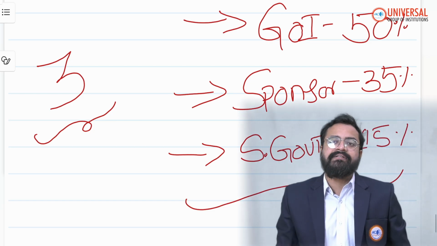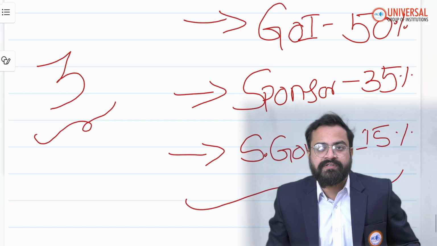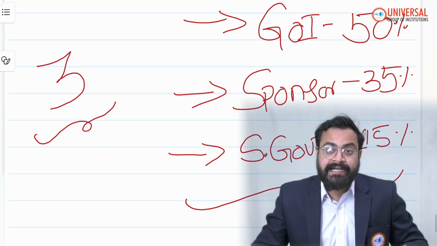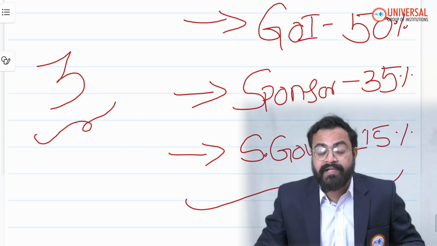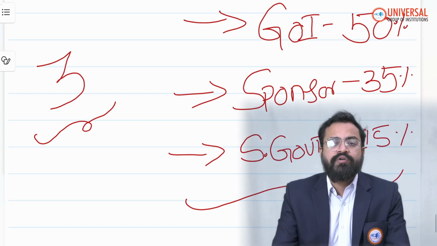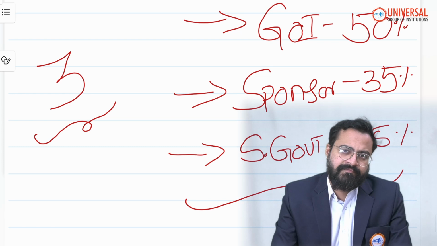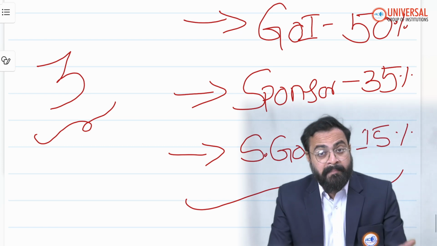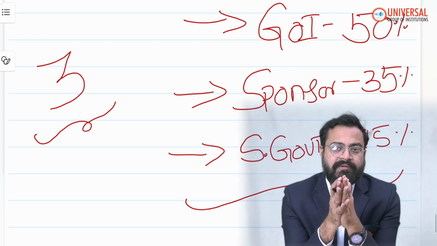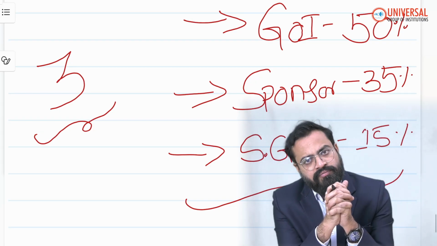In the year 1975, on the birth anniversary of Mahatma Gandhi, the government launched five regional rural banks. Later, over a period of time, we went on to establish more than 50 regional rural banks. But as time has progressed, these RRBs have started to accumulate huge amounts of losses.